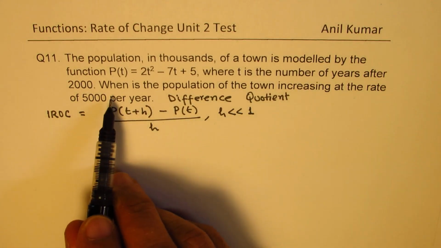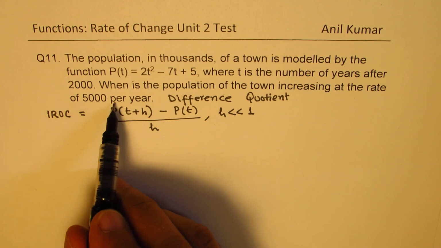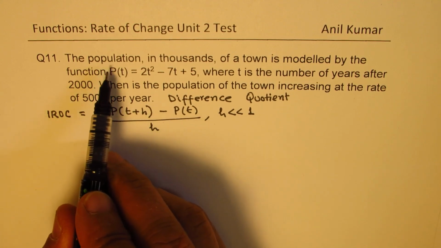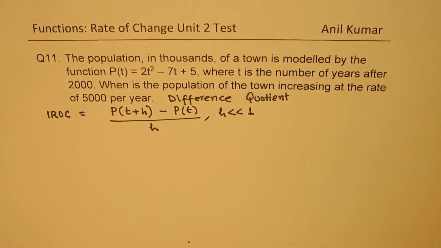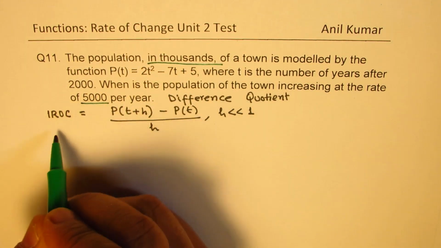When is the population of the town increasing at the rate of 5,000 per year? Now the population is given in thousands. So if you link these two, in this equation we have to use the value 5.